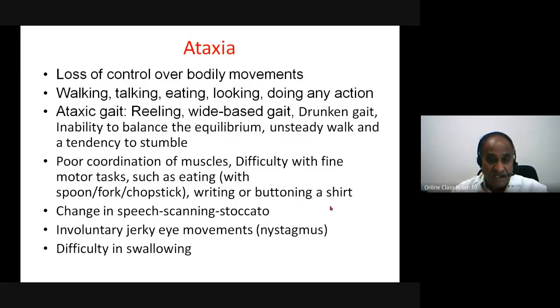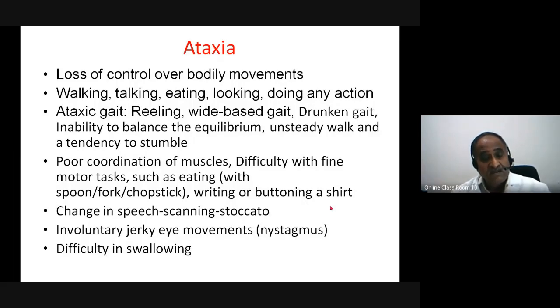And this precise action is because of the sequential contraction of the vocal cord muscles to produce a resonance or vibration in such a way that it produces a speech which we understand. And that is affected, and it would be a scanning or a staccato like this thing. This is also a part of the incoordination or ataxia.